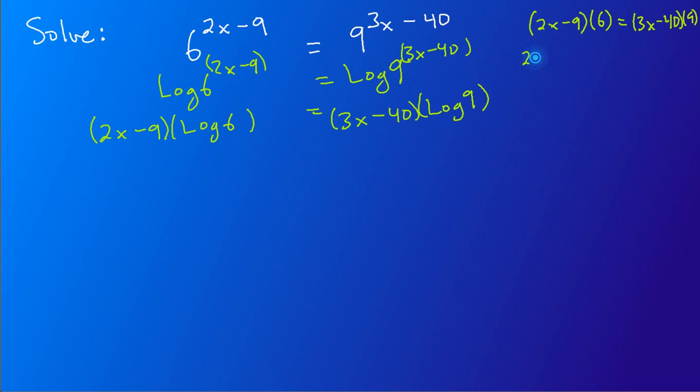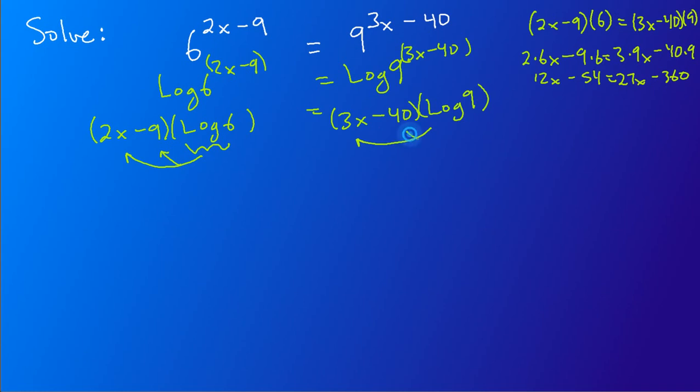And we'd get 2 times 6, x, minus 9 times 6, equals 3 times 9, x, minus 40 times 9. Which does give us 12x minus 54 equals 27x minus 360. Okay, so that gives us a clue of what we need to do here. We need to take all of this and distribute it to each of these things, just like we would have done, say, in Algebra 1.